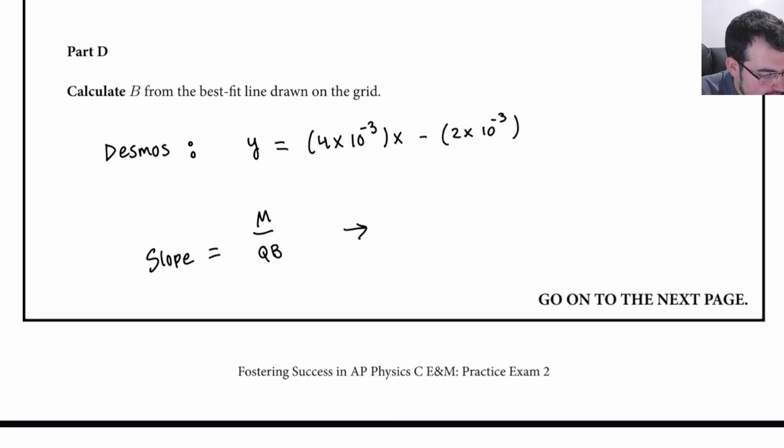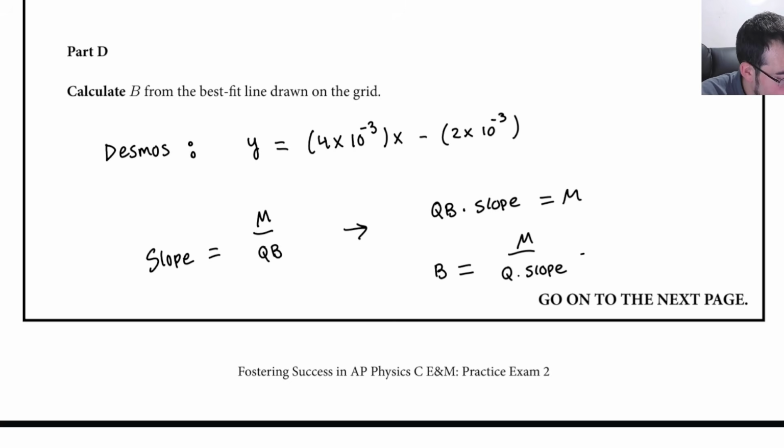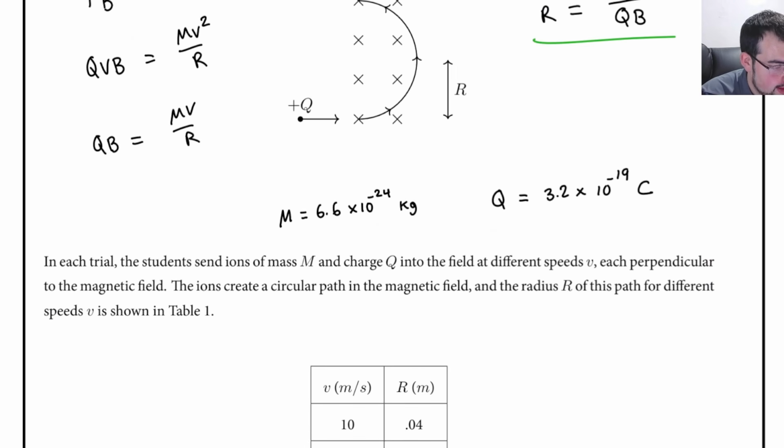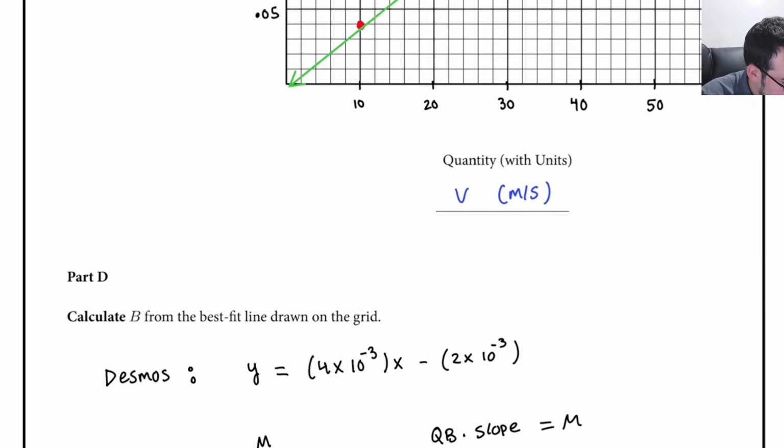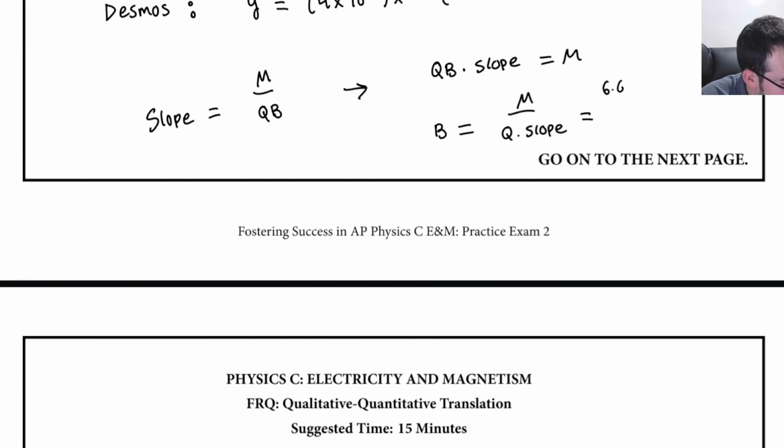So this means QB times slope is equal to M, or B is equal to M over Q times the slope, which is equal to, gotta go back to my values, 6.6 times 10 to the minus 24 divided by 3.2 times 10 to the minus 19 times 4 times 10 to the minus 3.